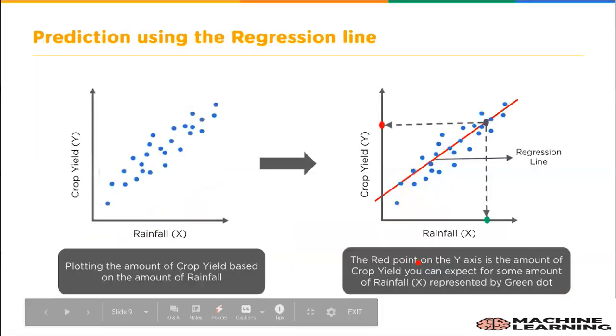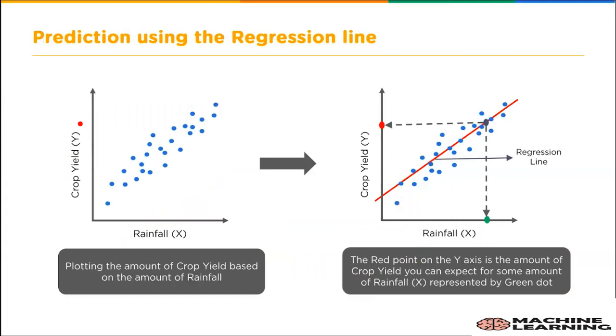All right. Now, checking an example. We have rainfall and we have crop yield. The better the rainfall, the better the crop yield predictions. So I try to put some data points here which show a linear trend.